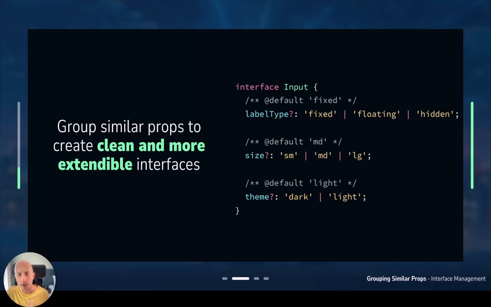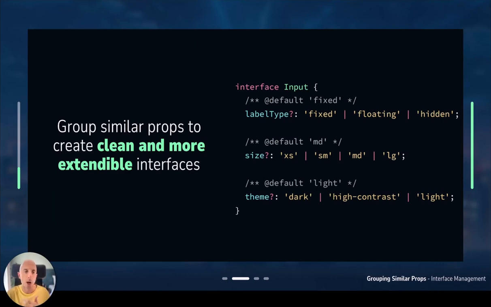And a nice thing about this convention is, as I said on the previous slide, eventually we're going to need to add a different size, like an XS, or we may need to add a different theme, like a high contrast theme. So instead of adding additional props to our interface, we can now extend this component by just adding the new XS string literal, as well as the high contrast value to our theme prop. So whenever our component needs change, we're able to extend them without bloating or affecting the interface.